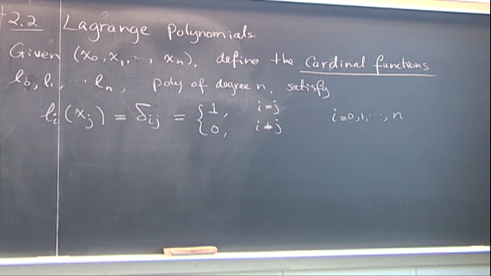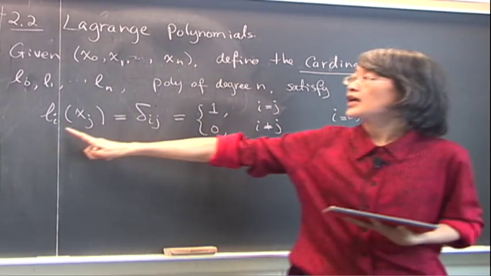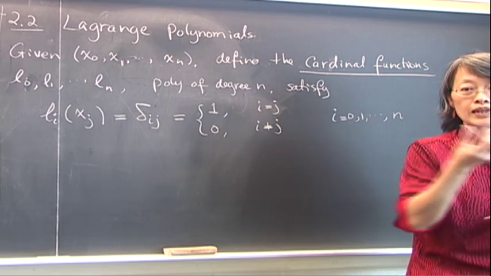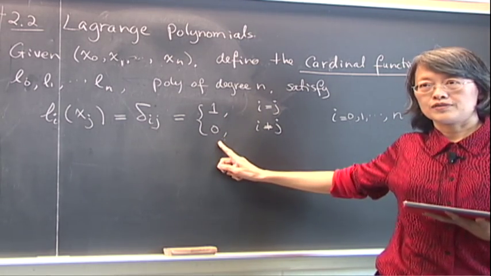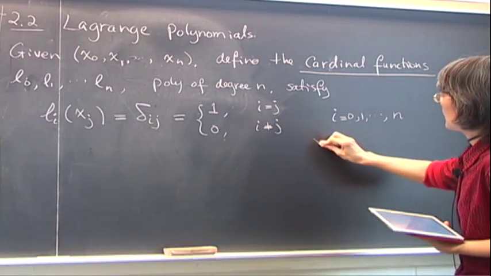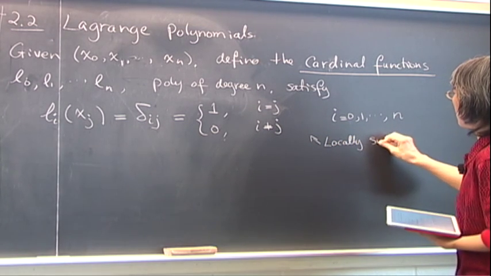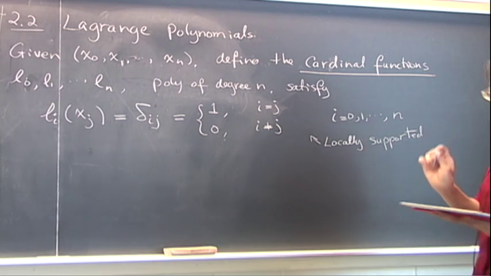The support of the function is where the function is non-zero. So if I only care about these discrete points, then each cardinal function is supported only at one point, and at all the other discrete points, it takes value 0. So it's a local support property, very locally supported, in the discrete sense.